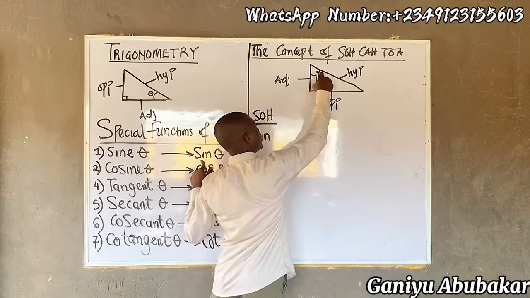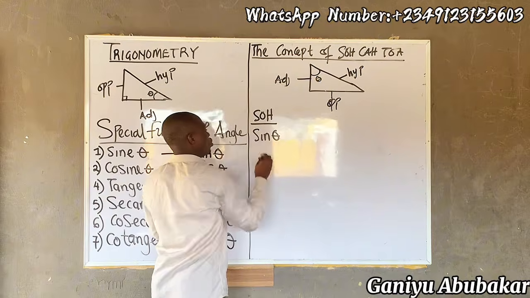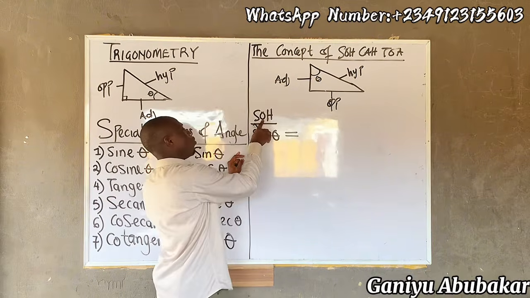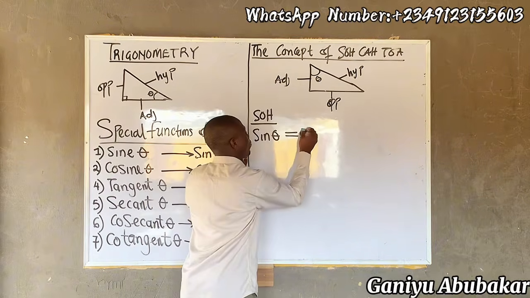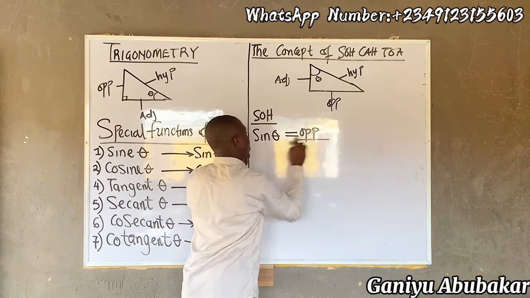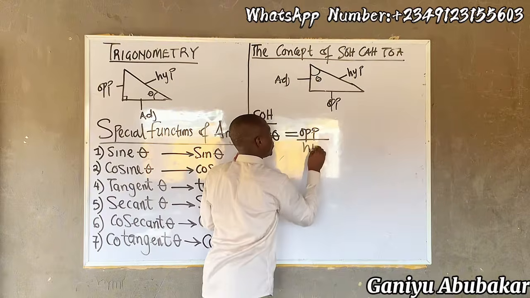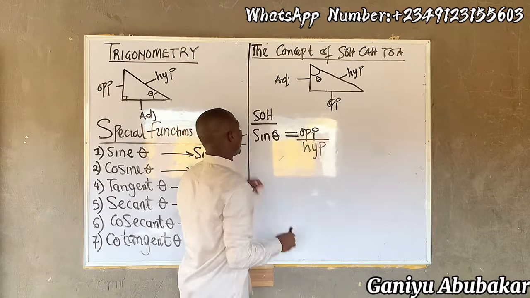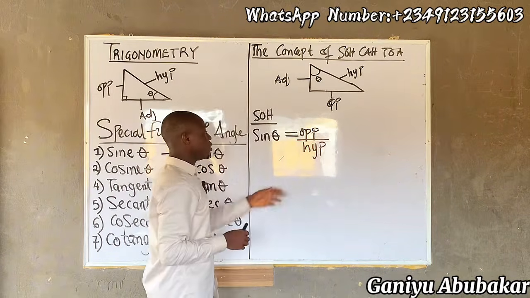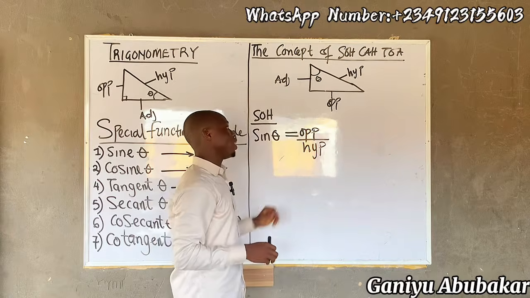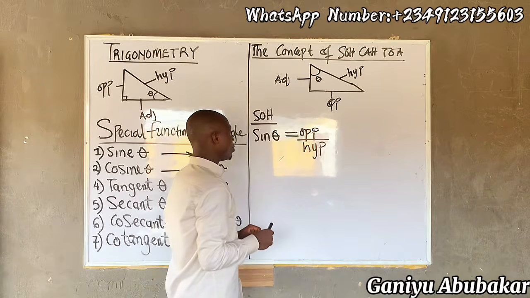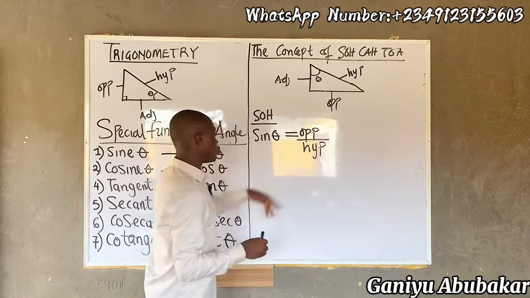But the angle I'm considering is theta. So sine theta should be equal to opposite over hypotenuse. Note that SOH means opposite over hypotenuse, very important, please. So that's your first part for SOH.